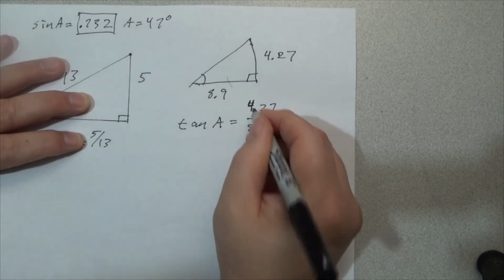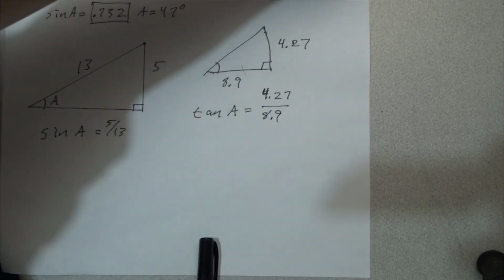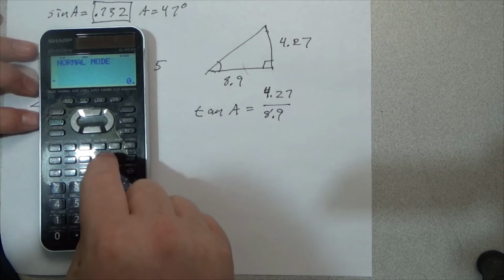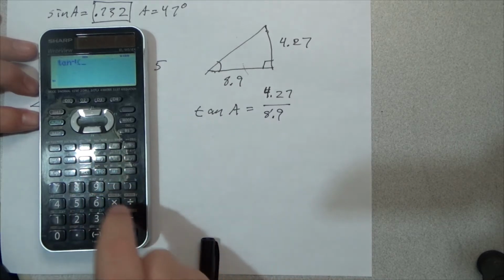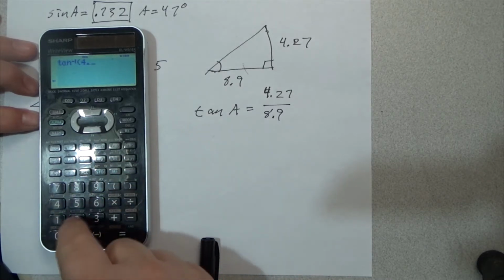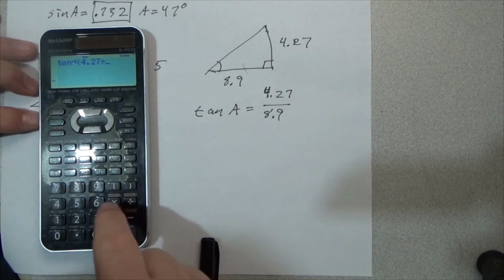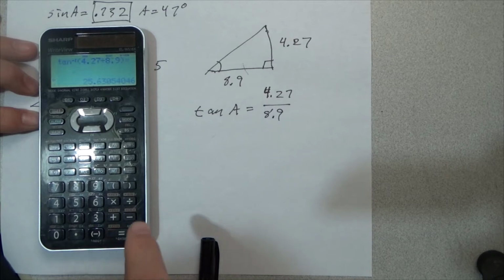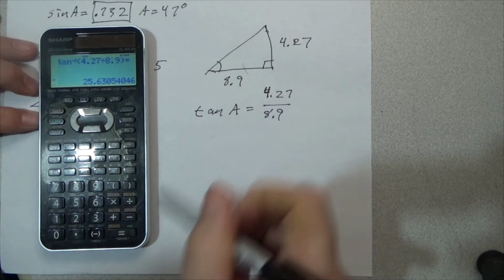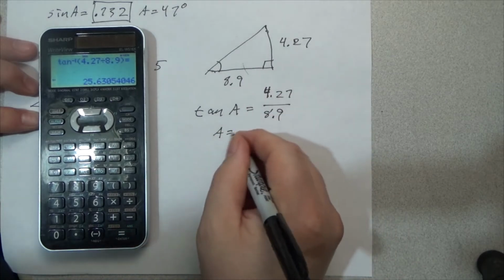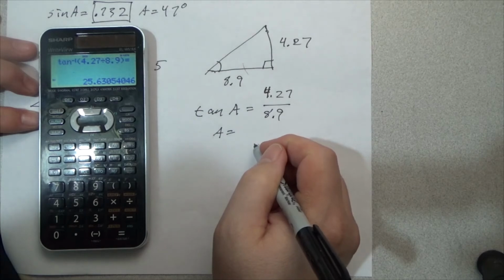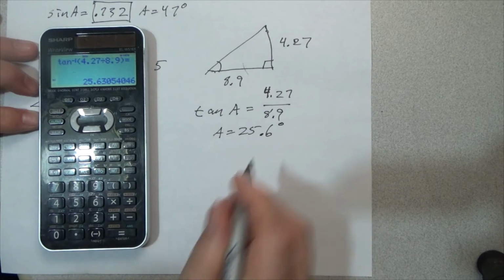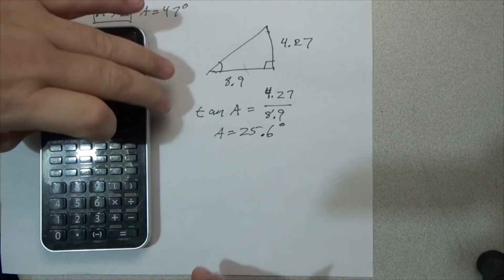That means on my calculator, I hit second function, arctangent, start a parenthesis, 4.27 divided by 8.9, end the parenthesis, and I get 25.6 degrees. So that's what that angle is right there.